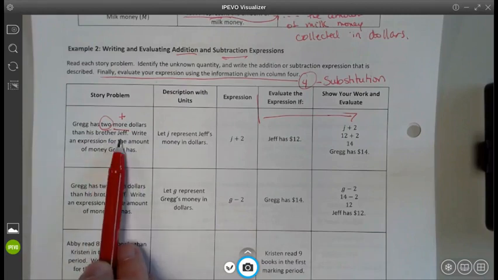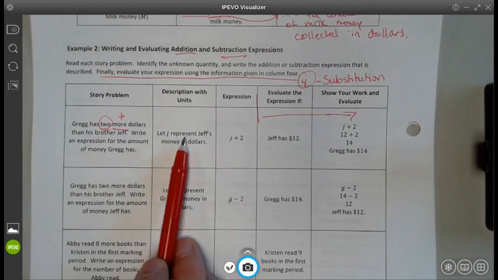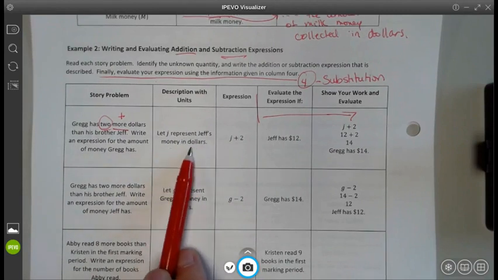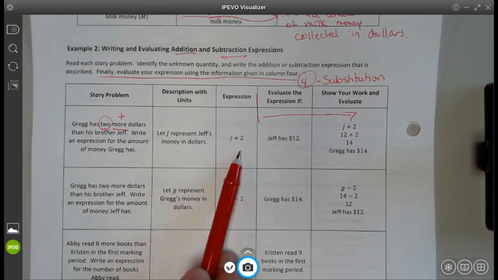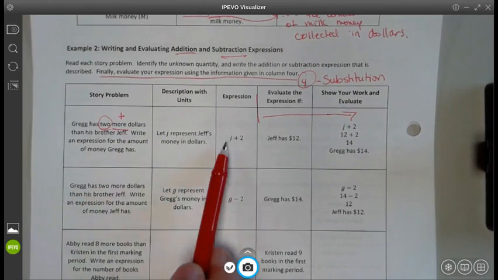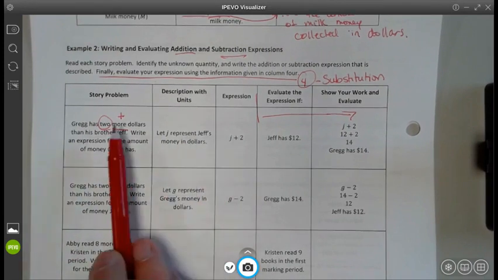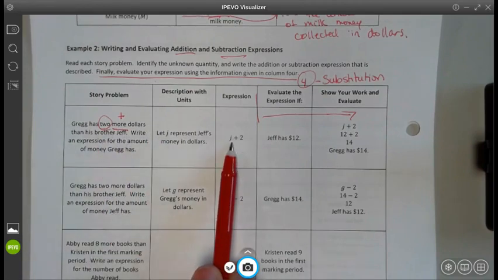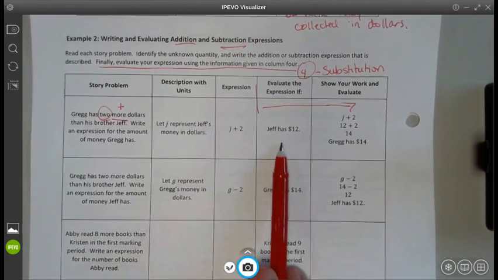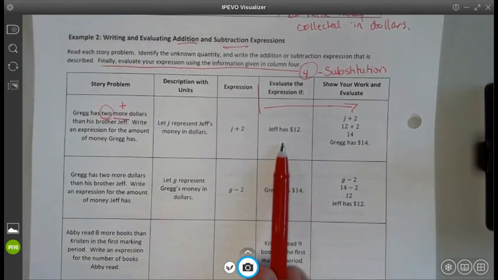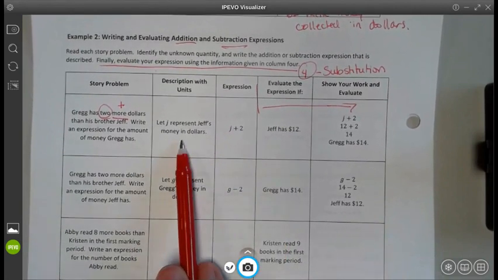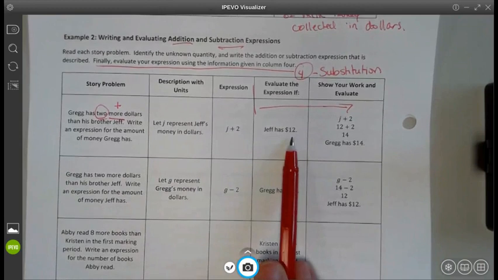We do not know how much Jeff has. So look what it says here: let J represent Jeff's money in dollars. The expression to find how much Greg has would be Jeff's money plus $2 more. And then here's where the new thinking comes in. Now they're going to say, I know you didn't know what Jeff had before, but now I'm telling you Jeff has $12.